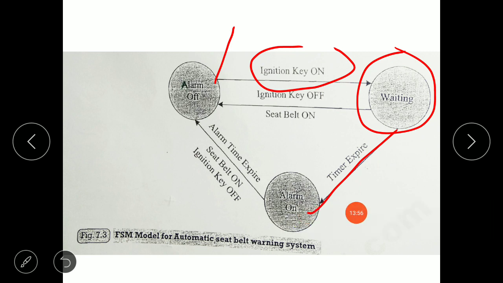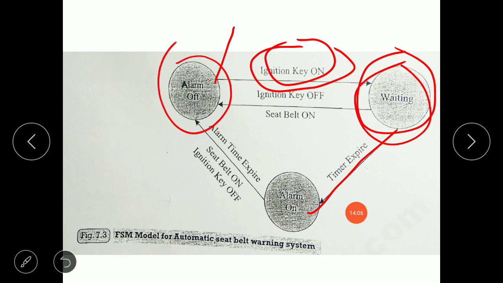Again I am repeating what is happening. The ignition key on event triggers the 10-second timer and transitions the state from alarm off to the waiting state. If a seat belt on or ignition key off event occurs during the waiting state, the state transitions to alarm off.